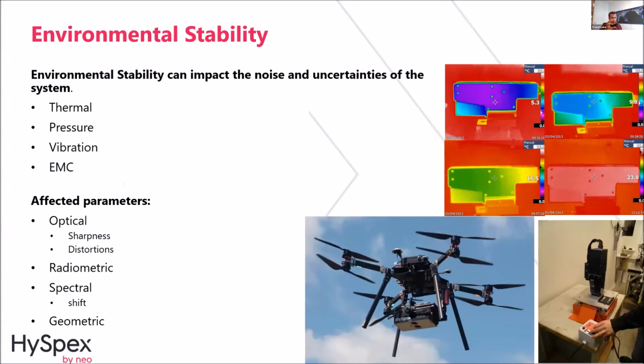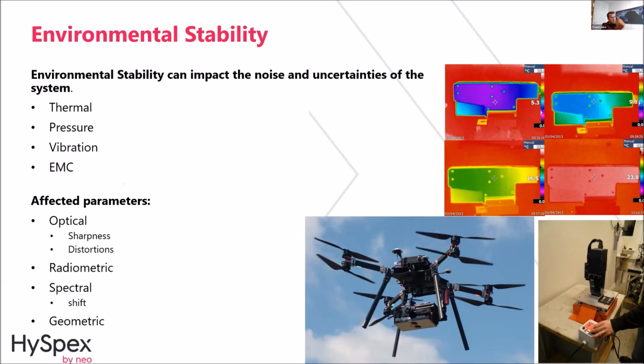If you have a traceable calibration that is only stable in the lab at 25 degrees Celsius and starts shifting when you get gradients and so on, then it's quite useless, right? Then you cannot say that you have a traceable calibration. So during the design phase of your camera, you need to take that into consideration.